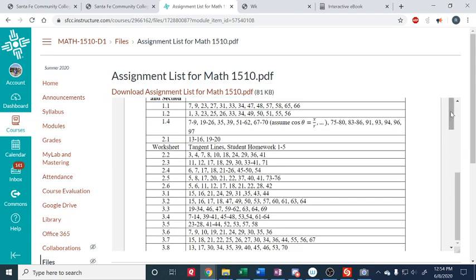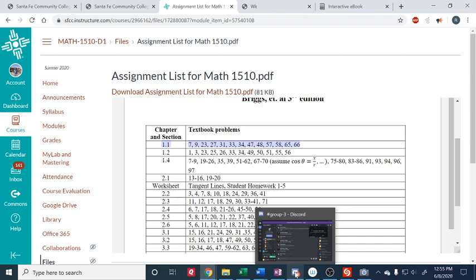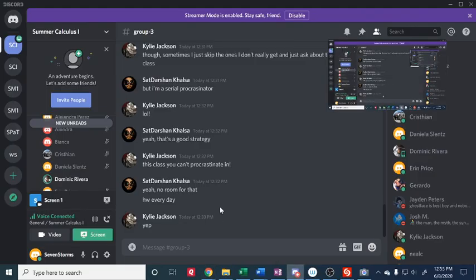If I look in here, these are the specific problems in 1.1 that you're going to be doing, and it's at the end of the 1.1 section. So unfortunately the page numbers aren't on there. But if you have the textbook, you just page over to the end of the section to those specific problems. Does that answer your question? Any other questions?